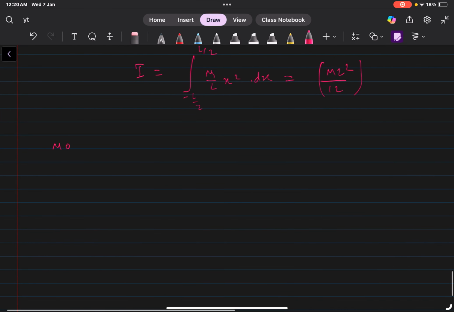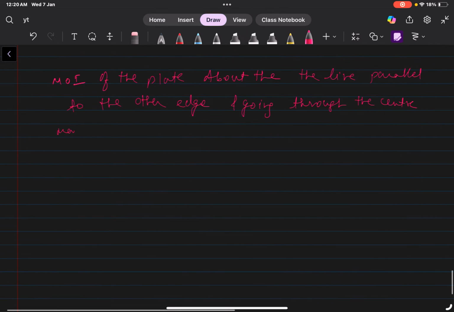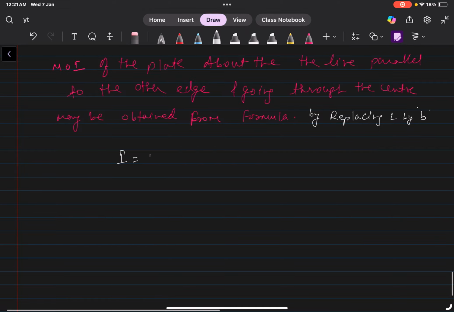So the moment of inertia of the plate about the line parallel to the other edge and going through the center may be obtained from the formula by replacing L by B. So we can say that I is equal to mb square by 12.